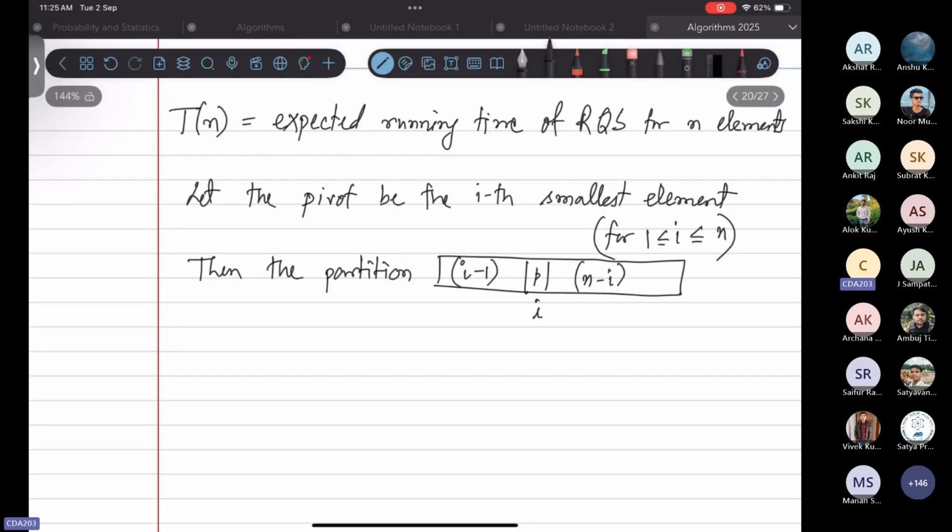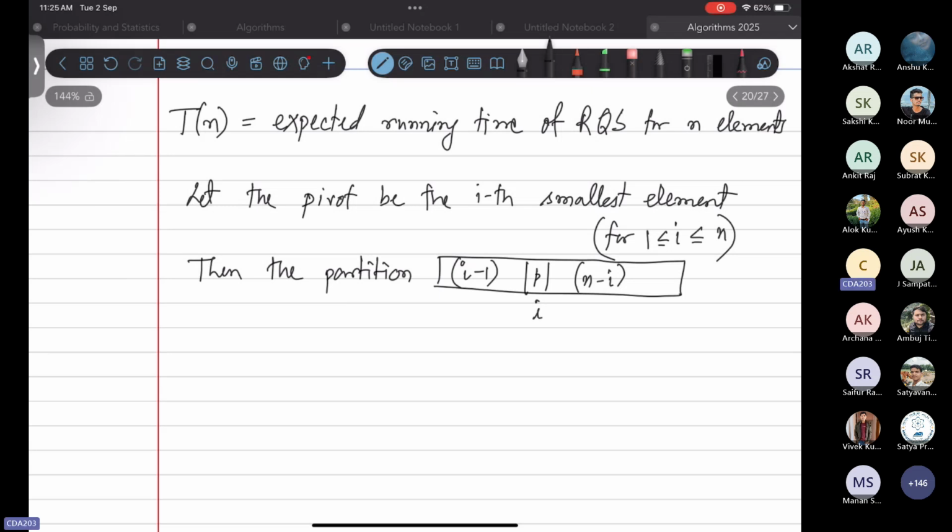So if I have such a partition, then what would be the time taken to sort this one? In this case, I've chosen the ith smallest element as my pivot at the first place.